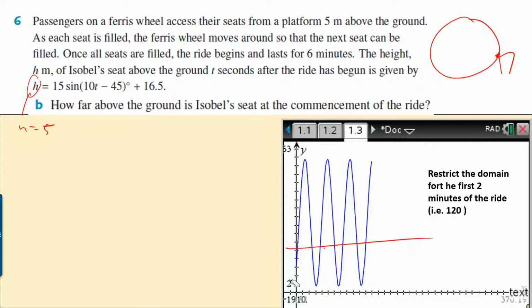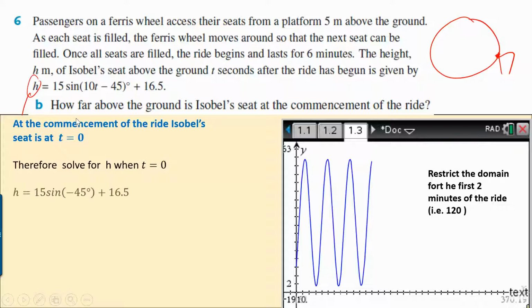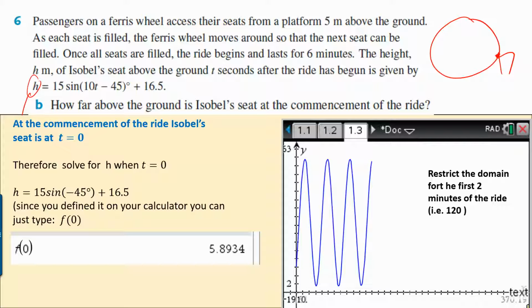You're asking when h equals 5, what is t? That's what you're really asking. So if I answer the question, at the commencement, t equals 0. I can just sub it in at the very commencement and figure out where you're starting, which I know should be 5 anyway. It tells you it's 5.8934. So that's where you're commencing when t equals 0. Very straightforward. It just tells you at the commencement, and you know that's when t equals 0. Sub it in, and you get your point where you actually start. Okay, now.